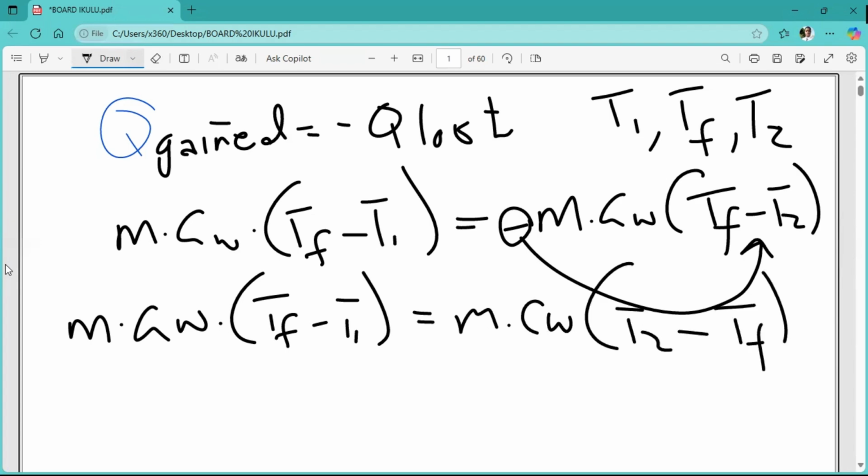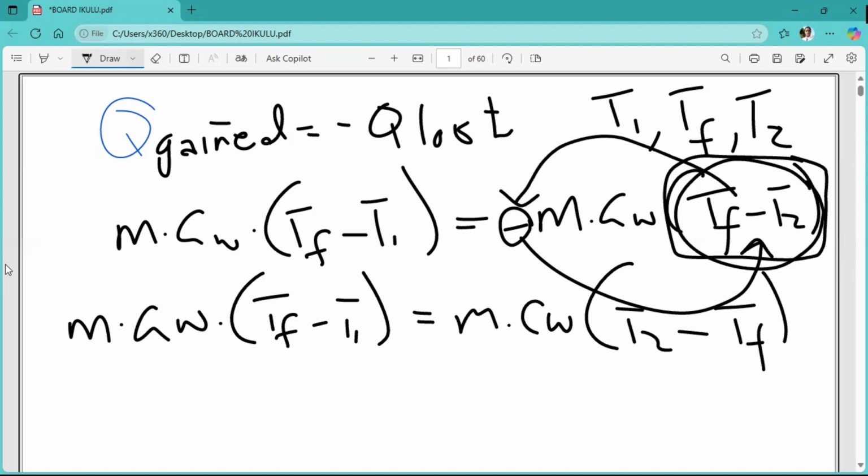Since the hot substance is losing heat, the final temperature is going to be lower than the initial temperature, hence you're going to have a negative sign here in the brackets. And to balance that negative sign, we're introducing the negative that is in front. So if you don't want to involve the negative, just swap them: the higher temperature minus the lower temperature, and it is still going to give you your desired answer.